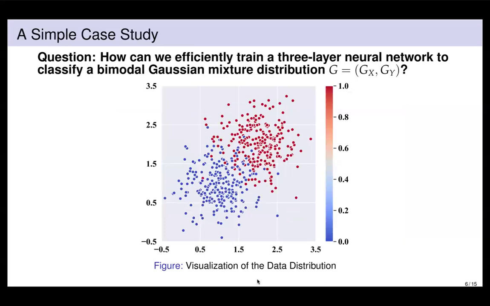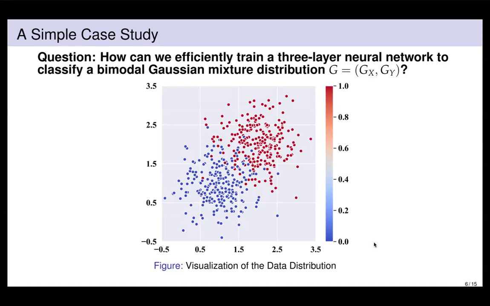So in this paper, we want to accelerate the training of deep neural networks from the data efficiency perspective. Let's start from a simple case study. The first question is, how can we efficiently train a 3-layer neural network to classify a bimodal Gaussian mixture distribution?